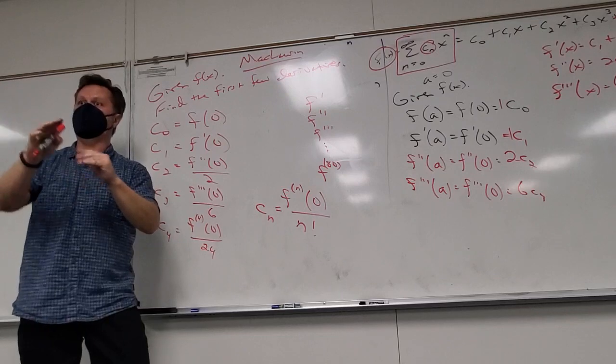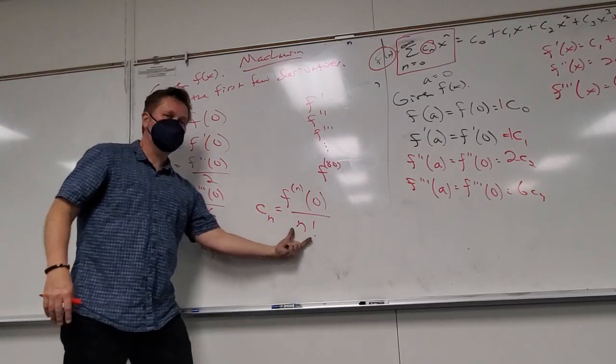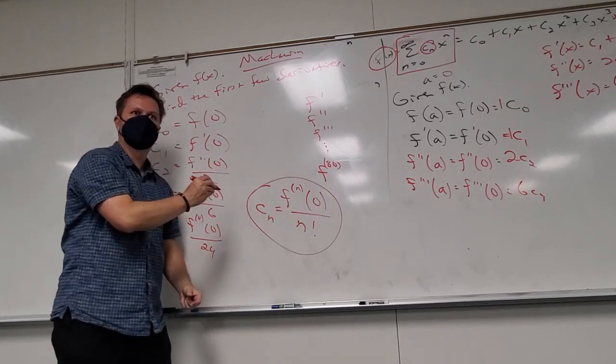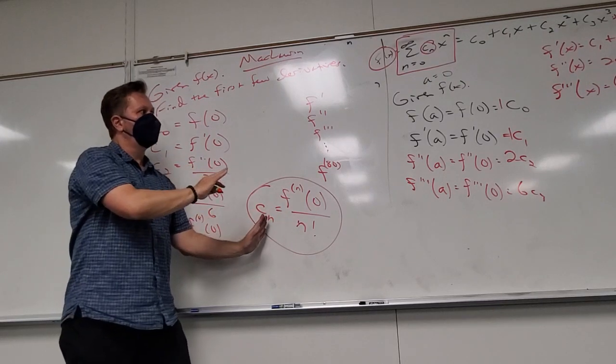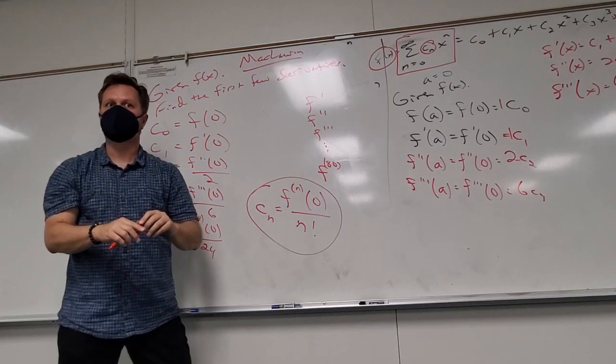So, your end result might not have an n factorial. But at this stage, this is what it always is for Maclaurin. Cn is always this for Maclaurin series. When you start putting stuff together, maybe that doesn't bear out.